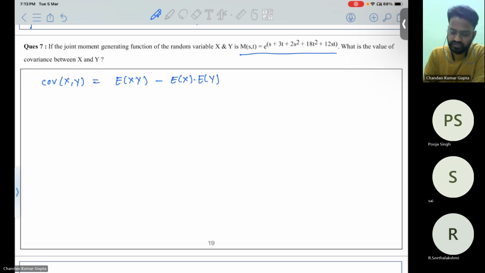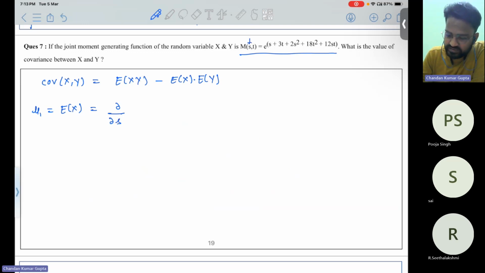So mu1, which is the expectation of x, can be evaluated. This is for x, this is for y.